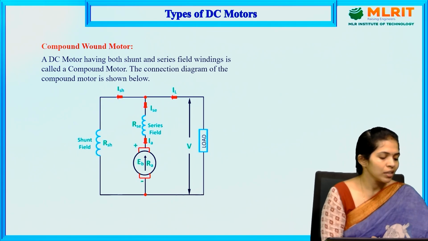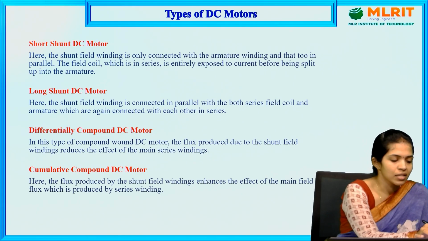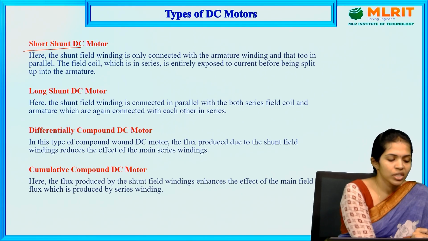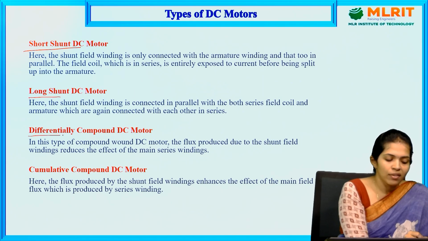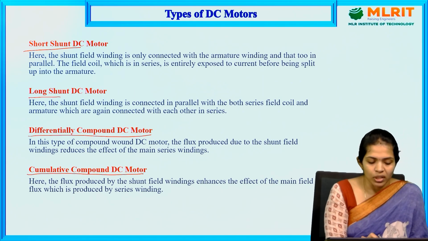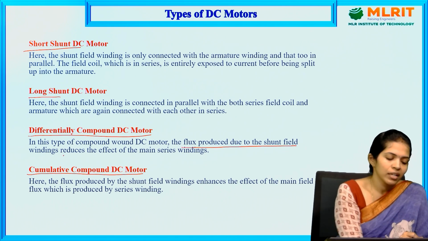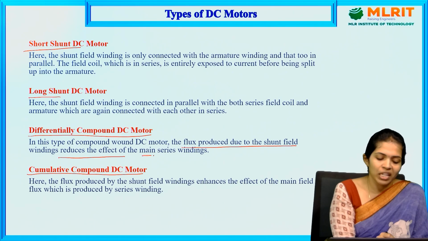So this is one type of classification of compound wound motors. We also have another kind of classification. As discussed just now, this is long shunt and short shunt. We also have the differentially compound wound motor and the cumulative compound wound motor. In the differentially compound wound motor, the flux produced by the shunt field winding reduces the effect of the main series winding.